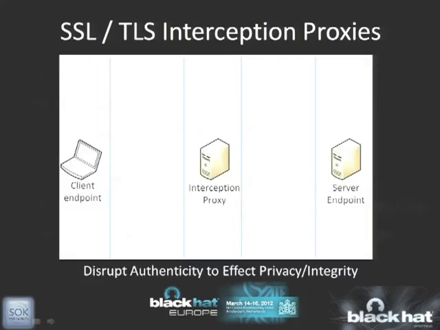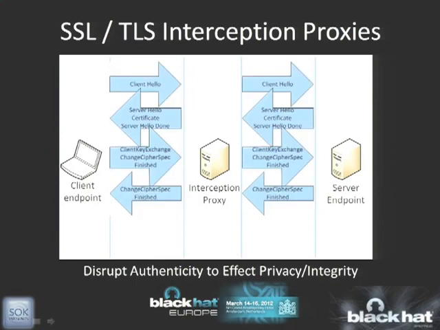So if we look at a diagram of how the protocol exchange works here, we've now got three devices: client endpoint, the interception proxy, and the server endpoint. We've got two protocol exchanges. This is the same SSL handshake process we saw earlier. And it results in two separate secure transports.